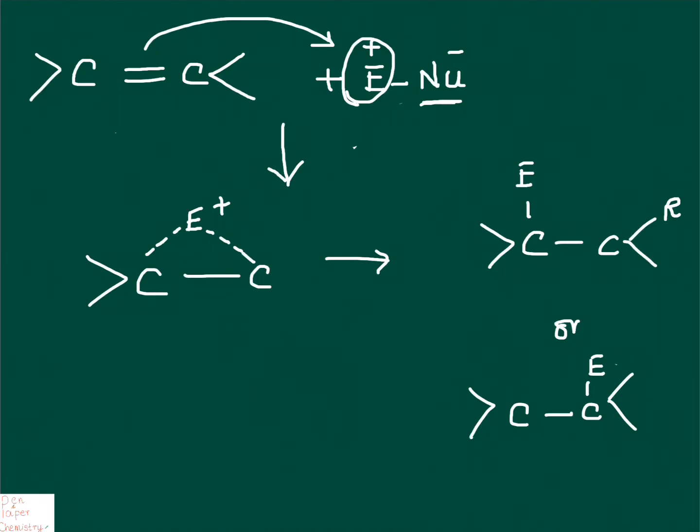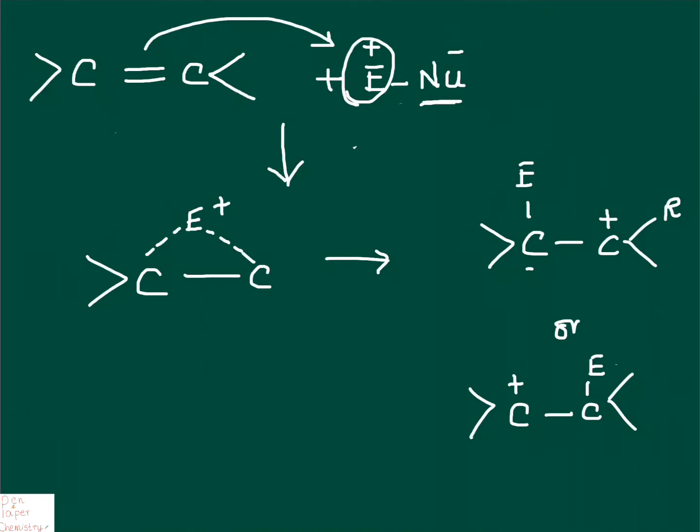So where does the positive charge go? Obviously this carbon, which was earlier getting electrons from the first carbon, is now short of electrons, because this carbon has decided to break the friendship and start giving the electrons to the electrophile. Or we could have E positive at the other carbon.